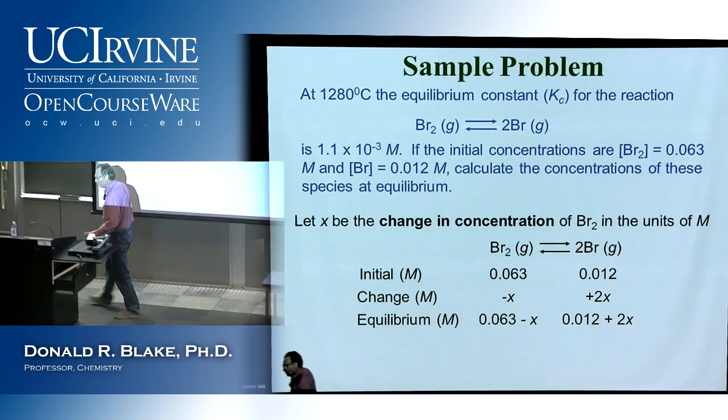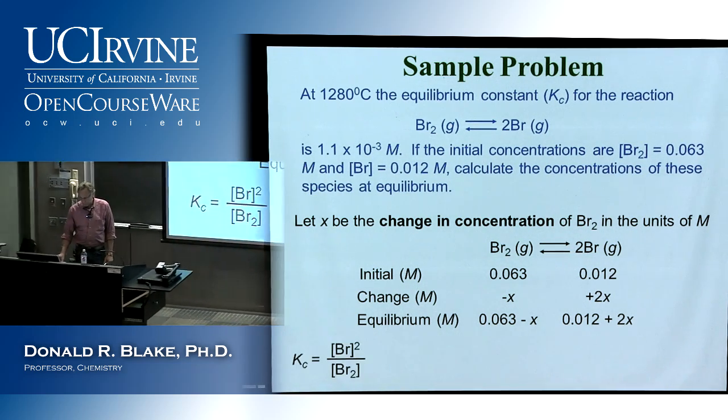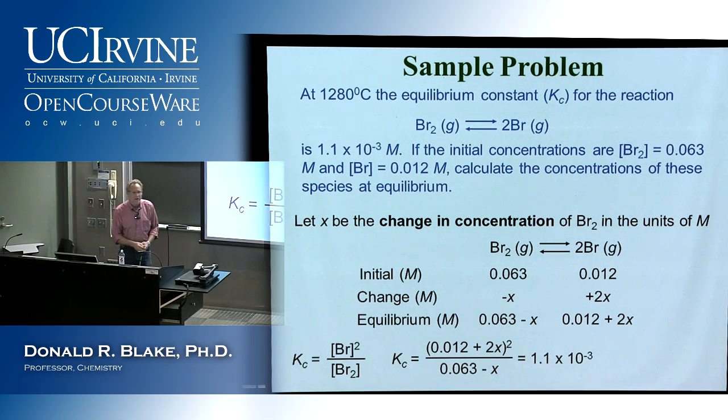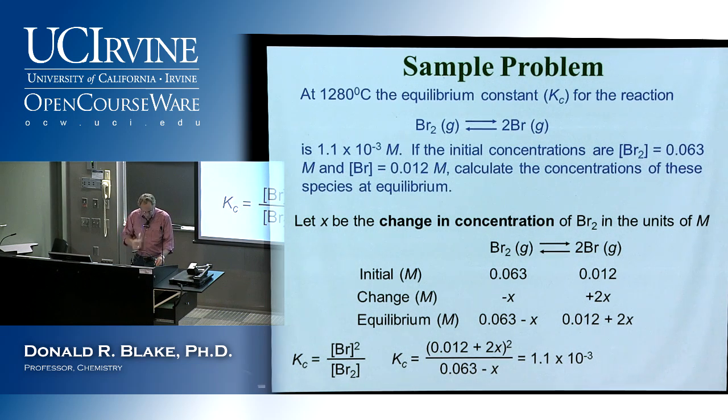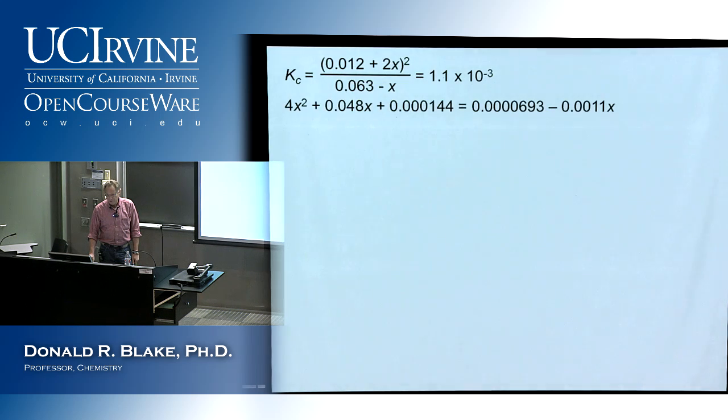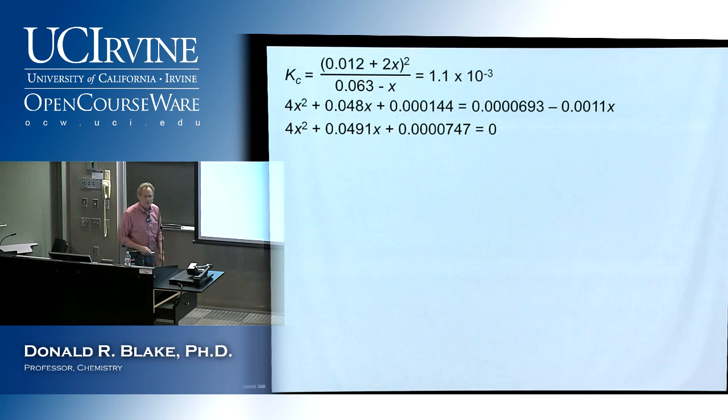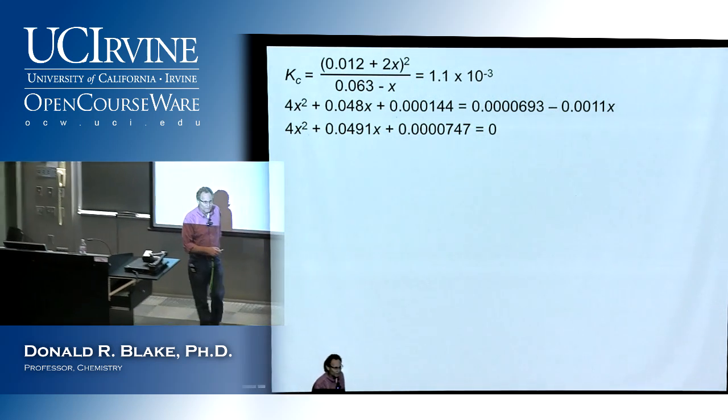Which is that. There you go. How many got that far? Okay, good. So you've got K sub C is equal to that whole mess right there. You solve for x, you expand it out, you set it equal to 0, we're back to the old quadratic.